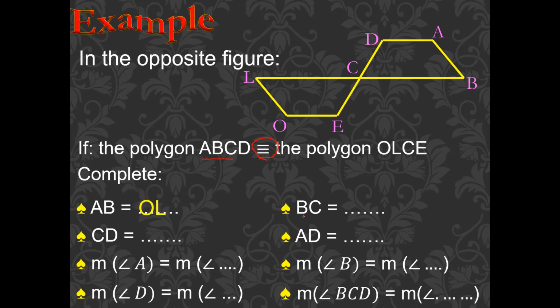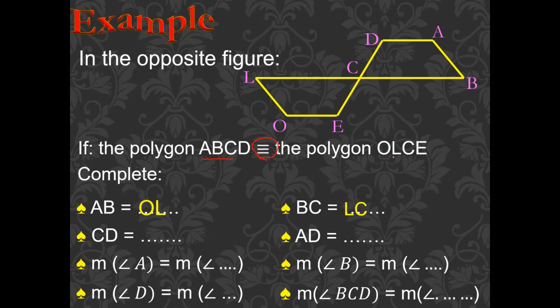Next one, BC equals what? BC, second letter and third letter. So the line segment which is congruent to BC will also be the second letter and third letter, LC. So BC equals LC in length.